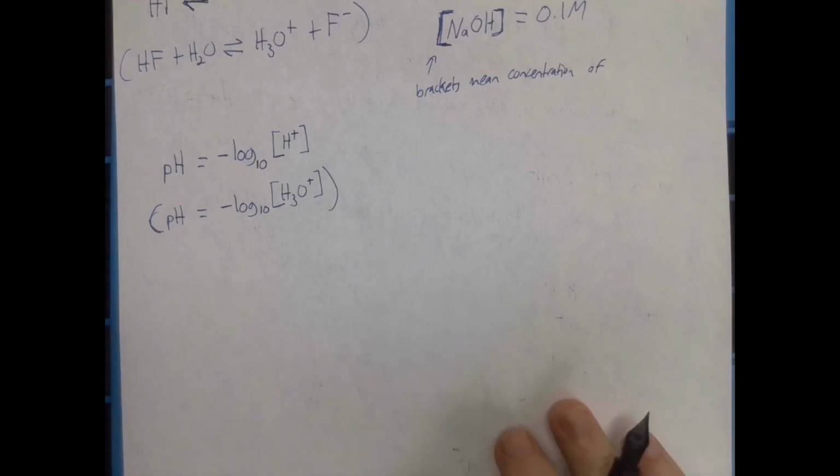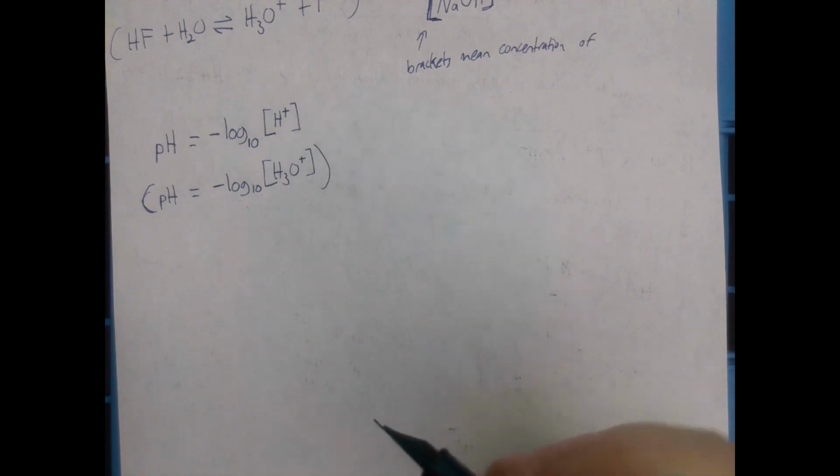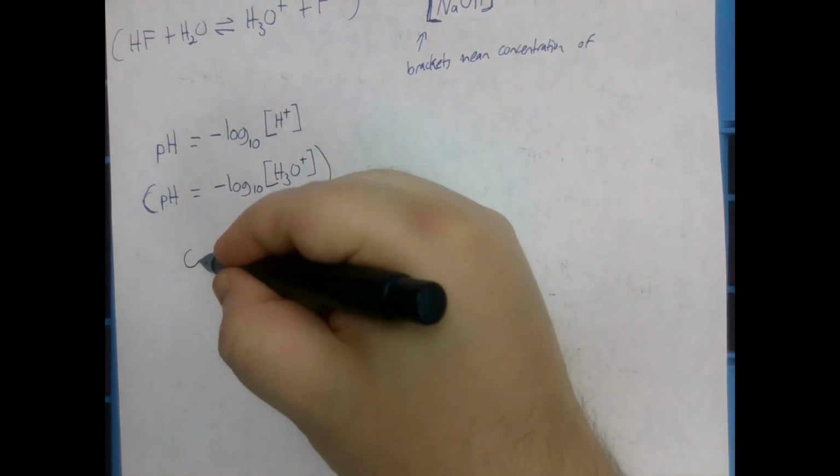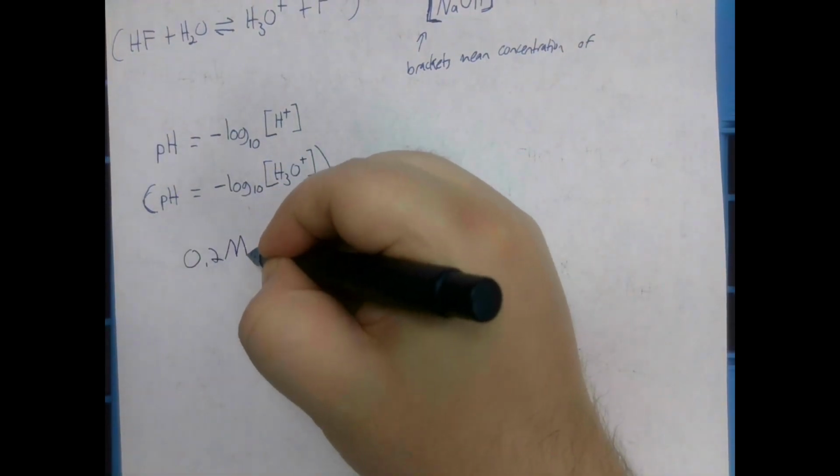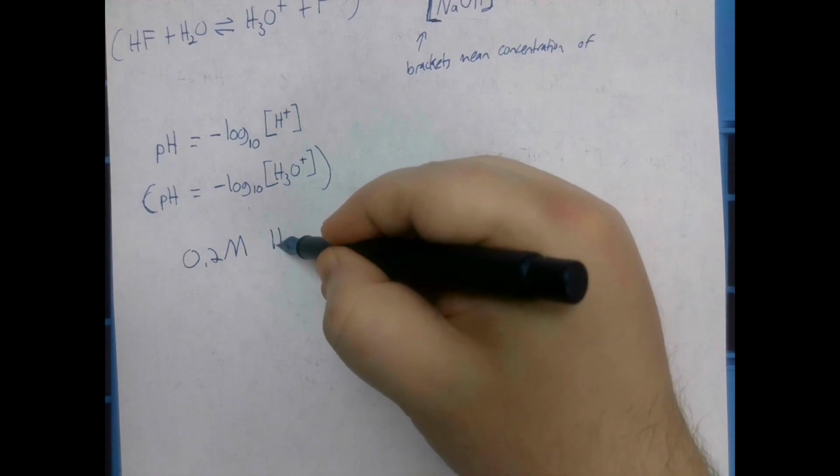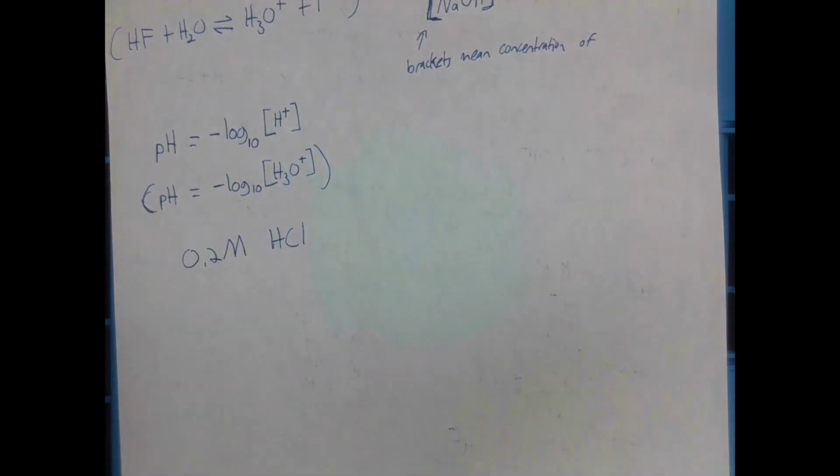So let's suppose I have a 0.2 molar solution of HCl. What would be the pH of the solution?